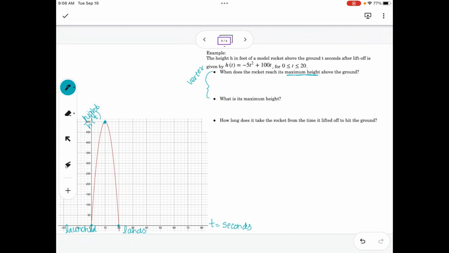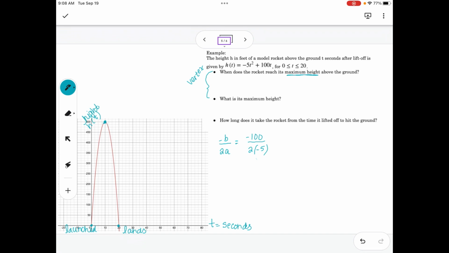Let's do this. Since it's -5t squared plus 100t, let's use -b over 2a to help find that vertex. We can clearly see what it is on our graph, but just for practice sake here, our b value is 100, so I have -100 over 2 times my a value of -5.